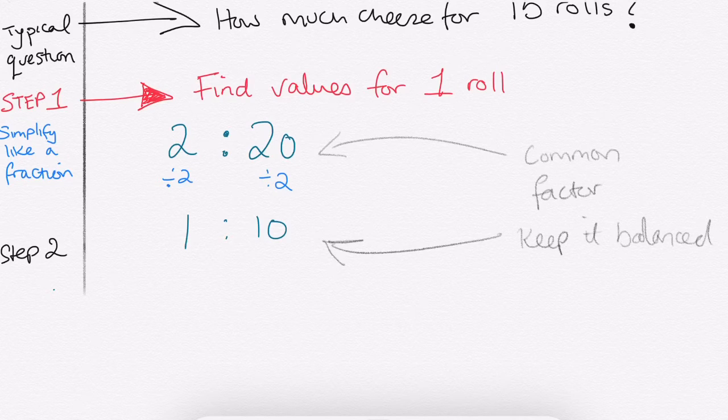Now for step 2, we now have the value for 1 roll. So we can now multiply up. And I'm going to multiply both sides by 15. Can you pick out in the question where I found the figure 15?